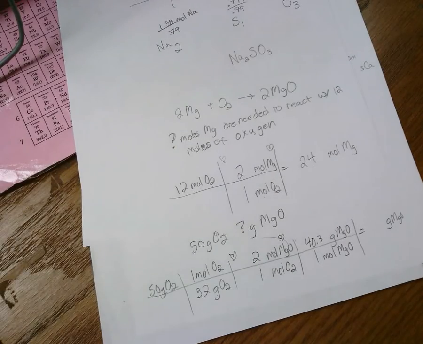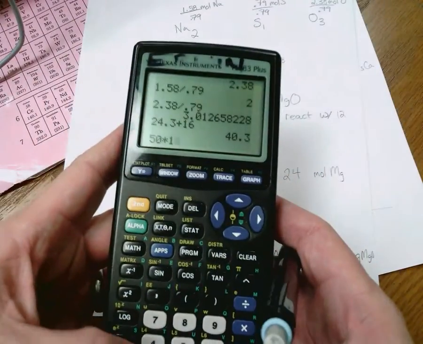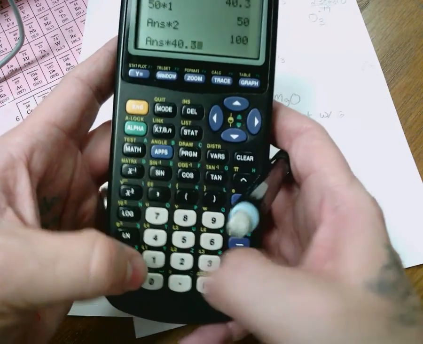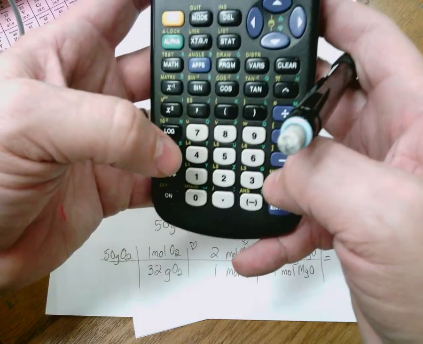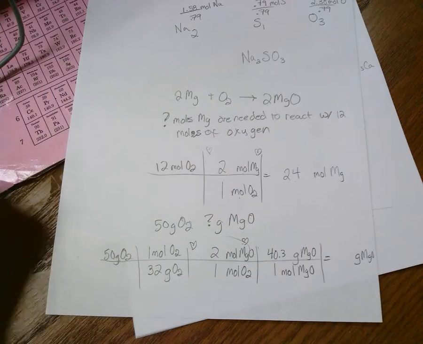Okay, now it's a math problem. Now it is 50 times 1, enter, times 2, enter, times 40.3, enter. Oops. Uh-oh, battery is running low.